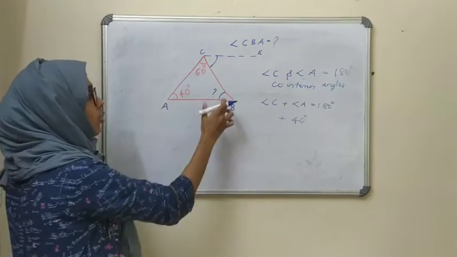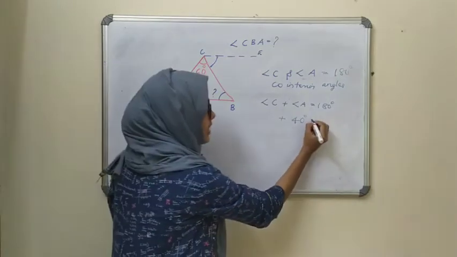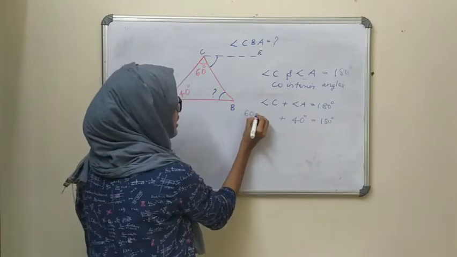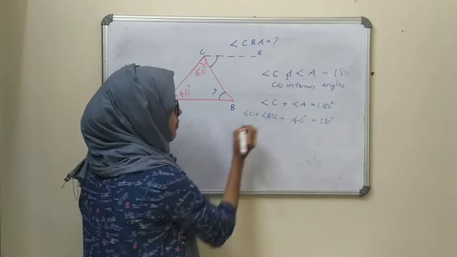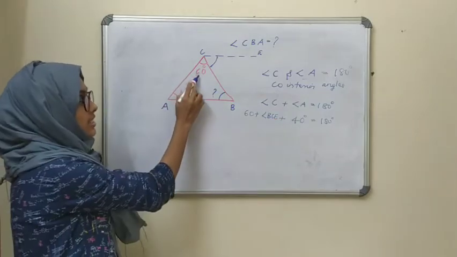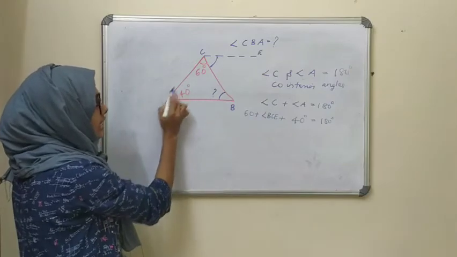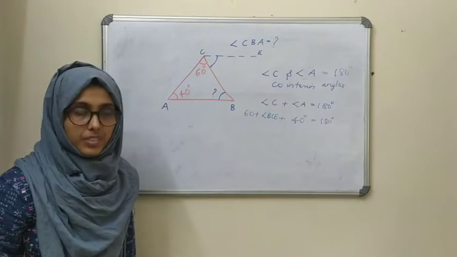We don't know how much BCE is. So 60 degrees plus angle BCE plus angle A, that is BAC, gives 180 degrees.